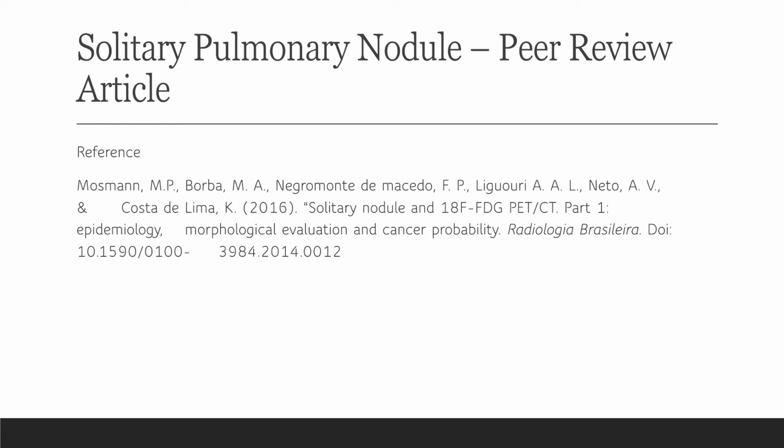According to Mosman and Borba and Negromonte de Macendo, probably said that one wrong, a solitary pulmonary nodule is classified as being a single, round, and well-circumscribed opacity nodule with a circumference of less than 3 centimeters. It is characterized by being completely surrounded by pulmonary parenchyma.